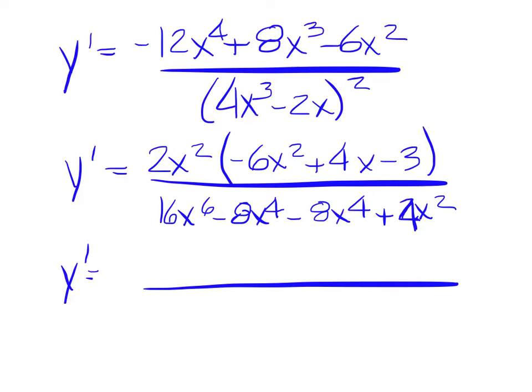But down there it looks like we can take out a 4x squared, but you should really simplify in here first. And we'll make that 16x to the 6th minus 16x to the 4th, and then plus 4x squared.